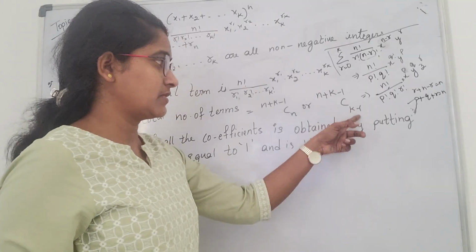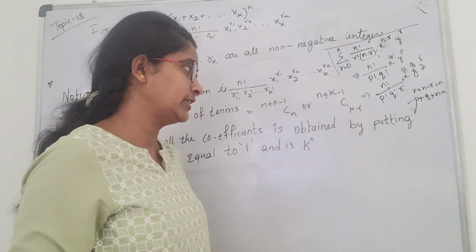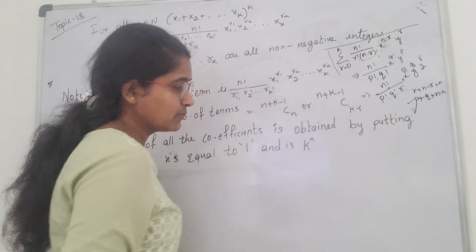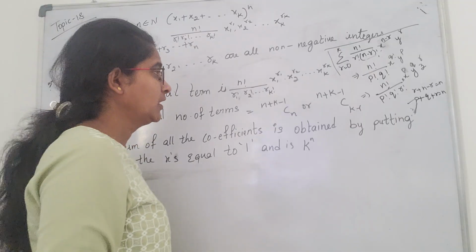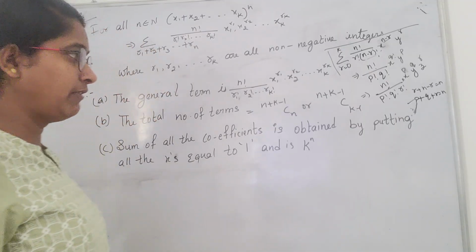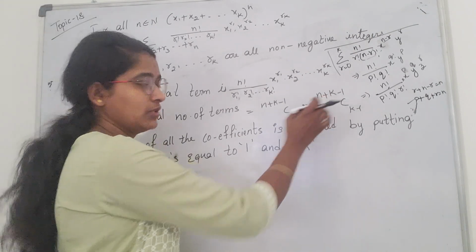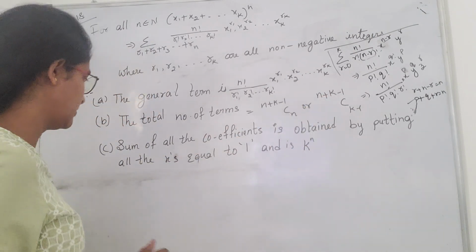That will be the easiest value. This may be a little big to calculate, but it will be the same one. So like this you can find it. When we do the problems, you'll understand how to find the number of terms.